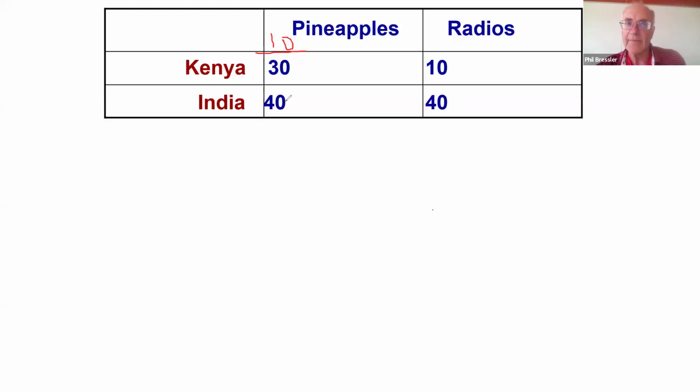For India, if I'm trying to figure out their opportunity cost for pineapples, the other is radios over pineapples, 40 over 40. All right. Now, the comparative advantage is always who has the lowest opportunity cost.